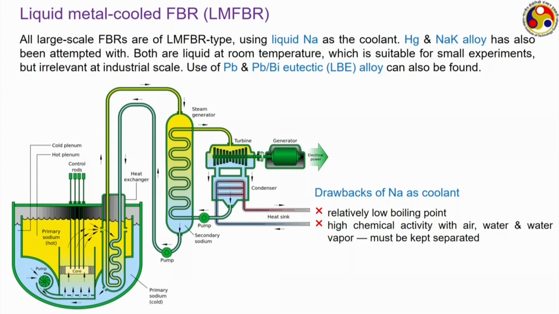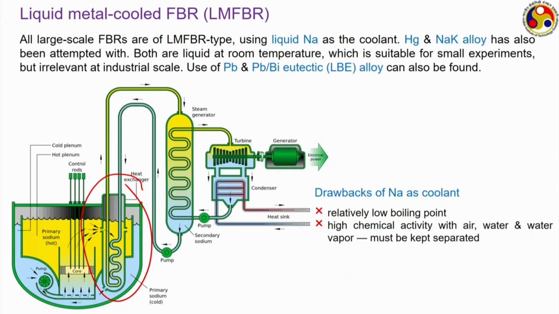Therefore sodium must be kept separated from the steam which we are using here as the working medium in the final turbine generator circuit. That is the reason for having this intermediate heat exchanger. The sodium that we are heating up in the primary vessel, or in the pool, can't directly come out and exchange energy with the steam in the steam generator.